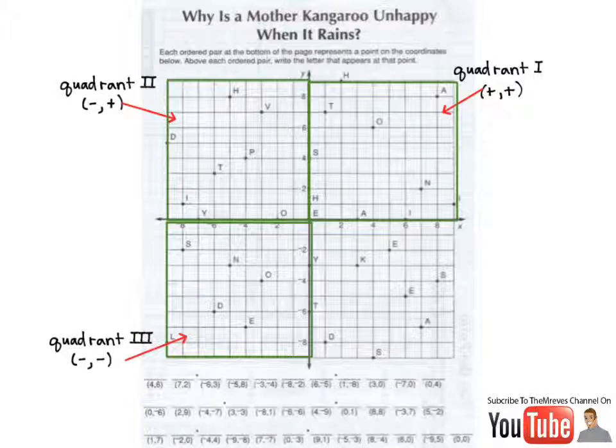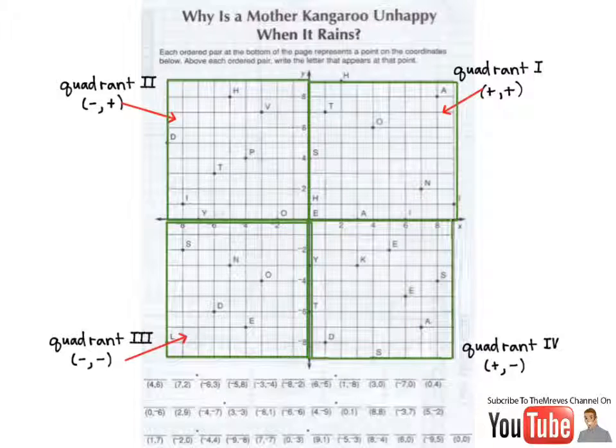Now, quadrant 4 is positive, negative, and so this is quadrant 4. So this is representing quadrant 4.